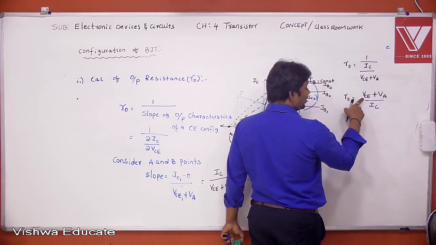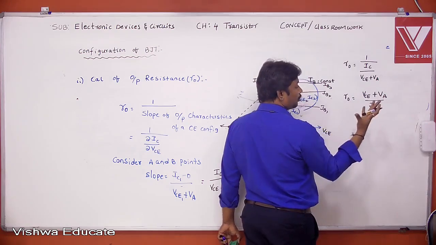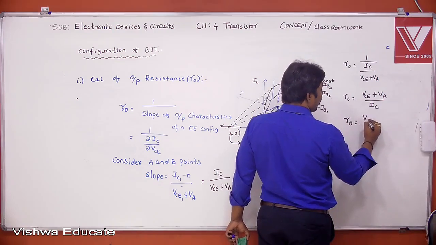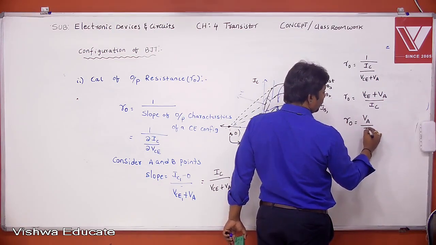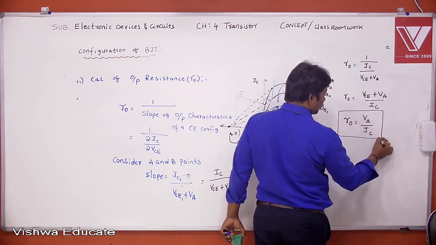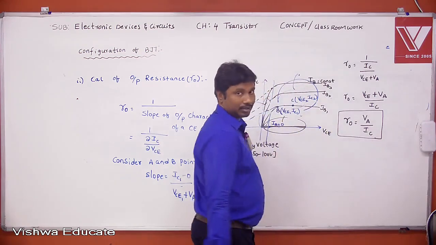But this VC is very small compared to VA. Early voltage is in the order of 50 volts to 100 volts, right? Then what is the output resistance? Output resistance is nothing but VA by IC. This is the output resistance, right?